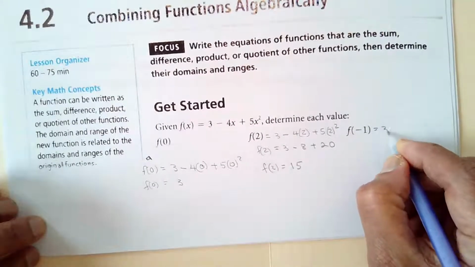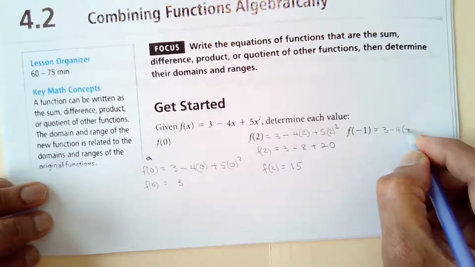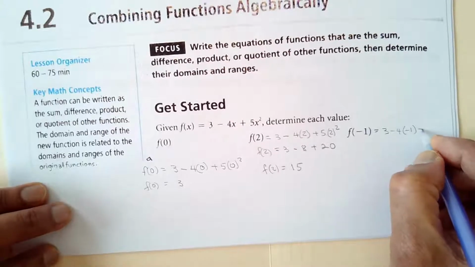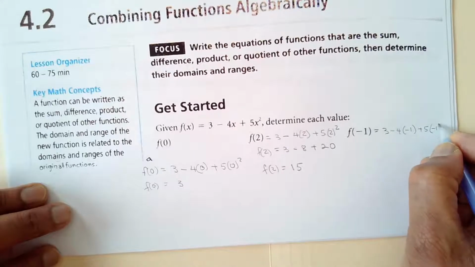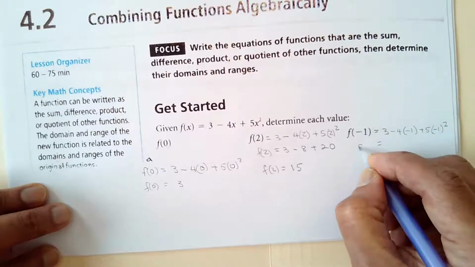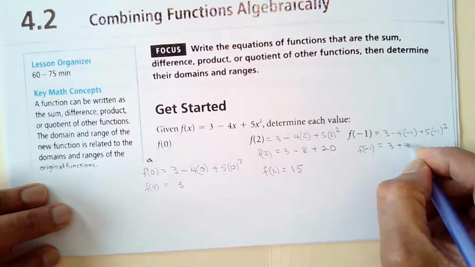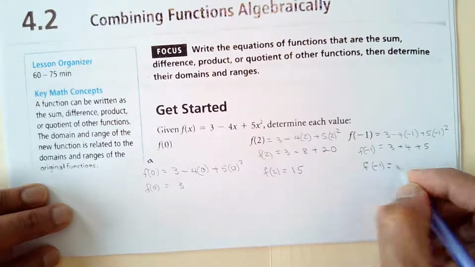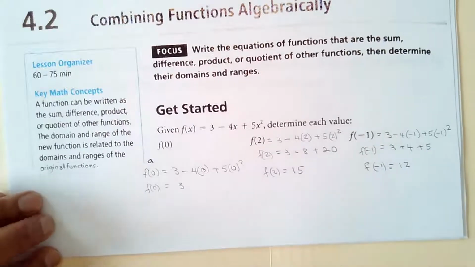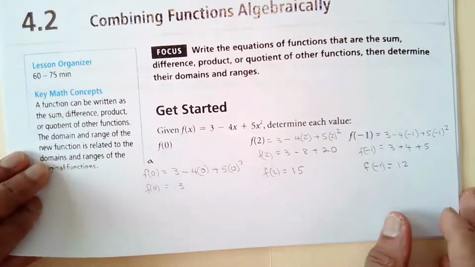So we have 3 minus 4 times minus 1 plus 5 times minus 1 to the power 2. So f of minus 1 is equal to 3 plus 4 plus 5. So f of minus 1 is equal to 12. So we determine the value when we are given f of x.